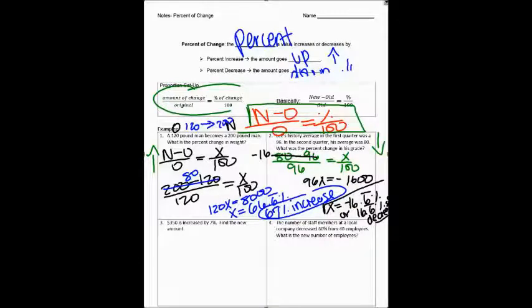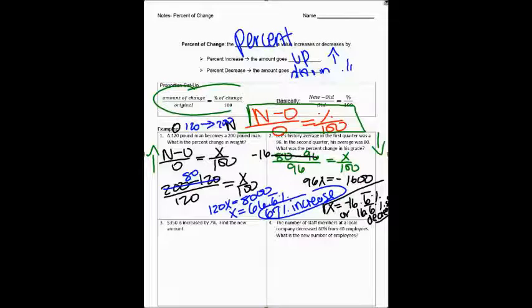So examples 1 and 2 are where we find the percent of change. You're either finding the percent increase or the percent decrease. On problems 3 and 4, we're going to find the new amount. On problem 3, we start at $350 and it's going to get increased by 7%. They want the new amount.